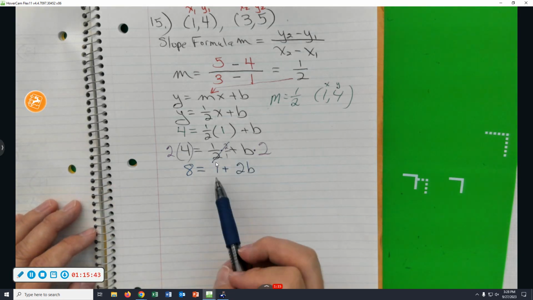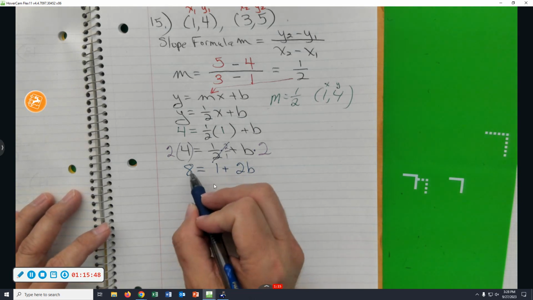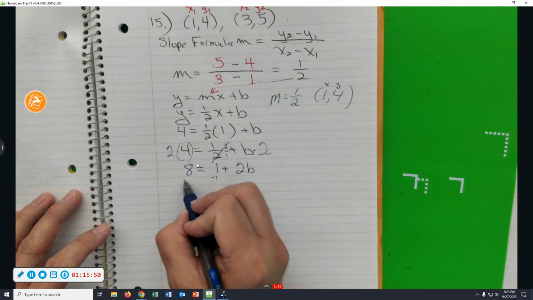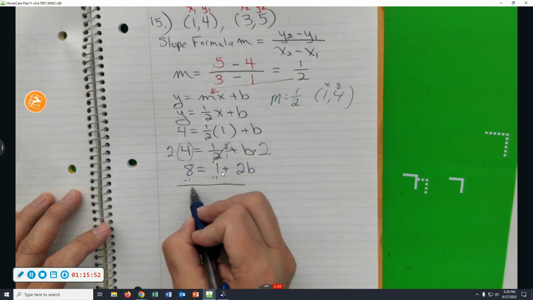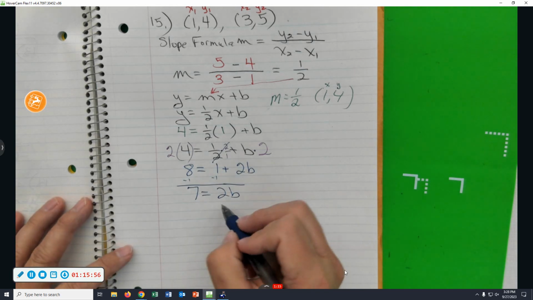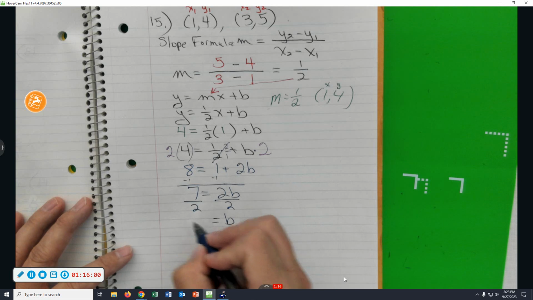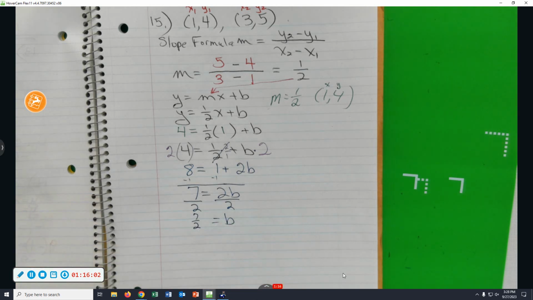And then move the 1 over, and that's going to give us 7 equals 2b. Divide by 2. So we know the b value is 7 over 2.